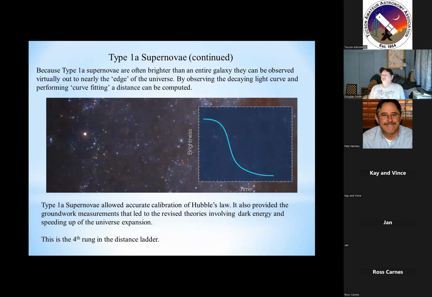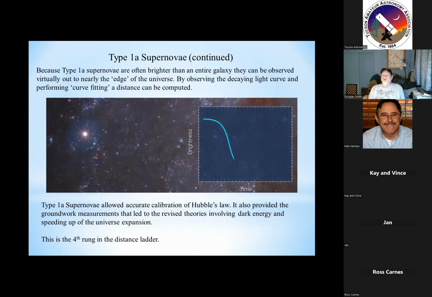Now, one of the things that came out of this was that this is how they originally found that Hubble's law for the expansion of the universe didn't work, had problems. This is where they first started seeing the problems, as they started looking at type 1a supernovas from galaxies that were very, very far away, and they weren't matching up with what Hubble's law was predicting.